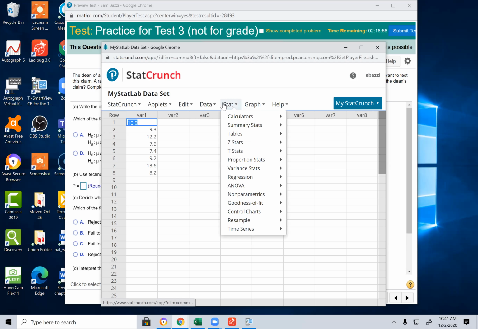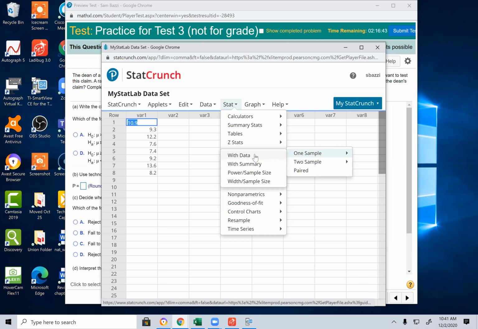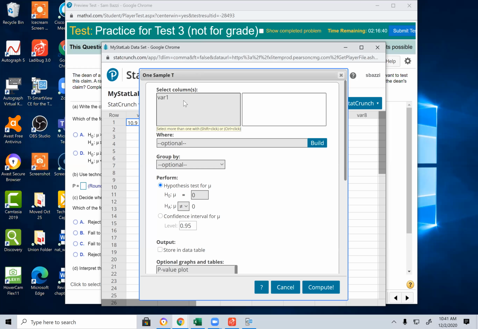Can you see the StatCrunch window? Okay, and then you go to Stat, T. It's a t-test, guys. If it doesn't give you the population standard deviation, it's a t-test. One sample with data. This is the variable, and we need to test the mean against 11, not equal to 11. That's all I need. And compute.